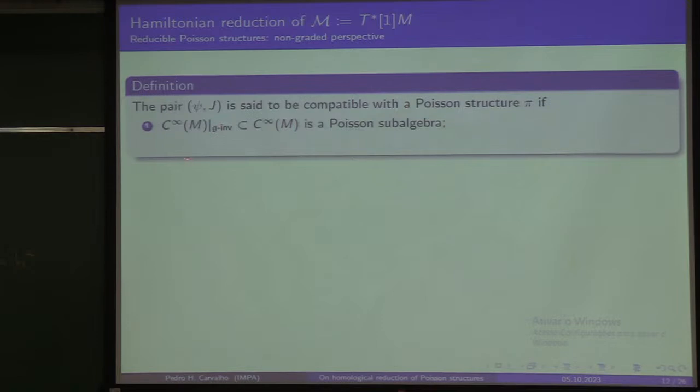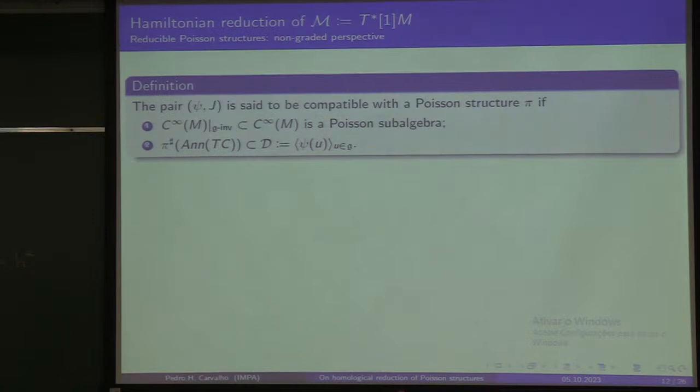So the functions on M that restrict to invariant functions are closed under the Poisson bracket. You can think of this Poisson bracket defining everything. But when we restrict, they are closed by the Poisson bracket on the submanifold. And the annihilator of this distribution here is contained in the distribution that is spanned by these constraints of degree 1.